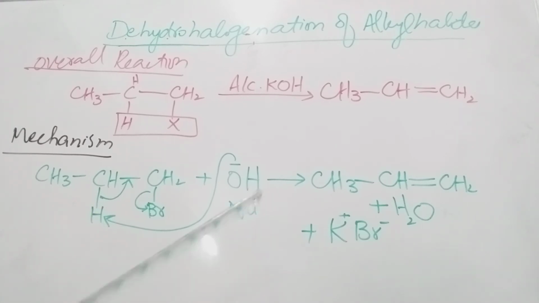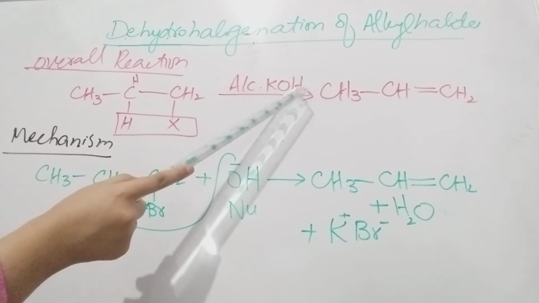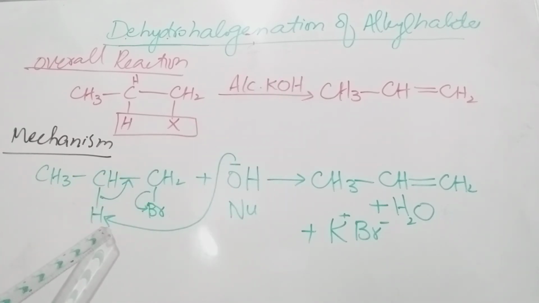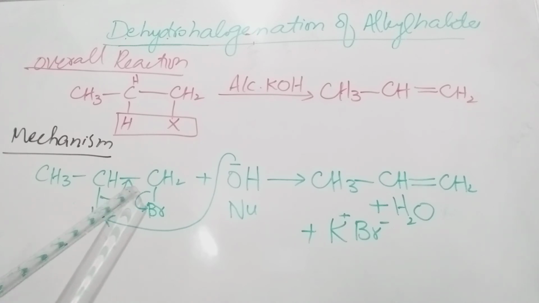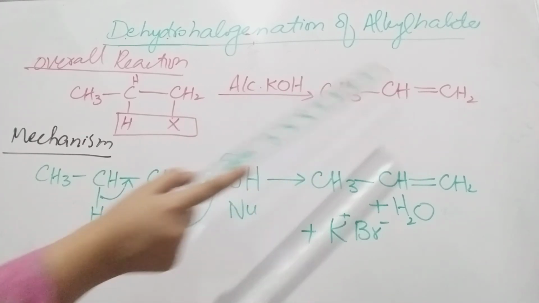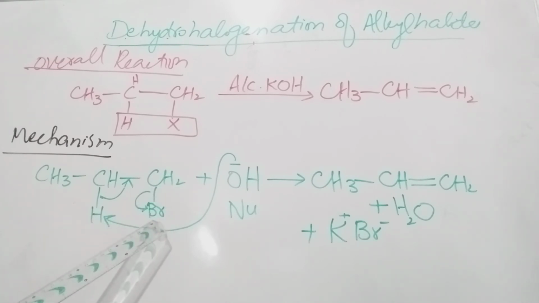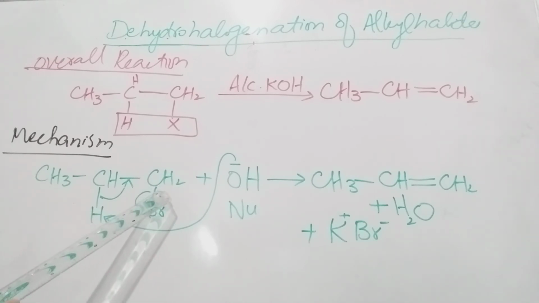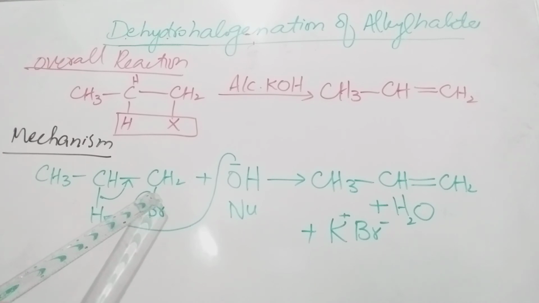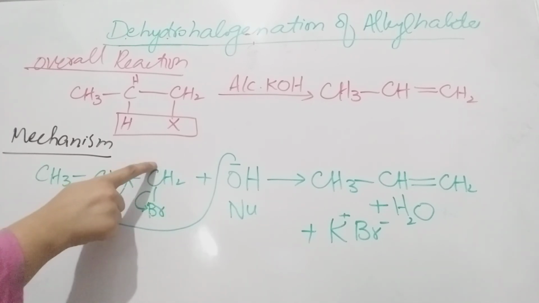Firstly, in the first step, the hydroxide of potassium hydroxide will attack this hydrogen atom, and this bond will shift between these two carbon atoms as it is the required product, and an extra substituent is attached with this carbon atom. These electrons will break over bromine. Why do these electrons not break over carbon?